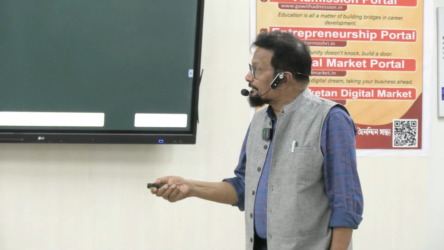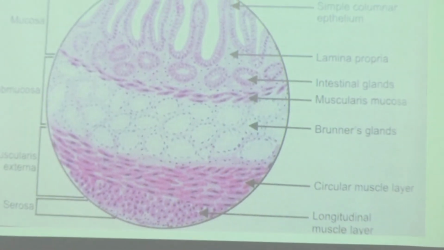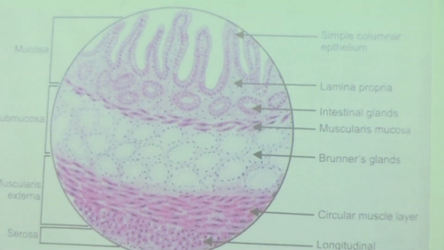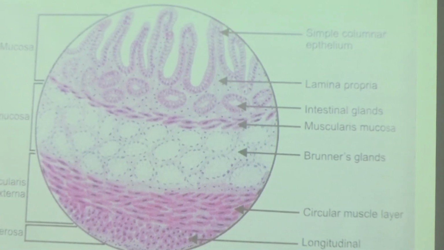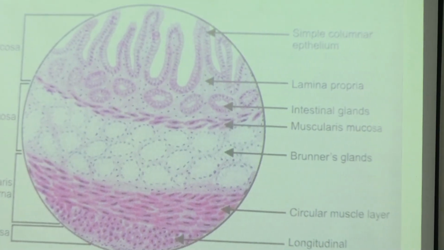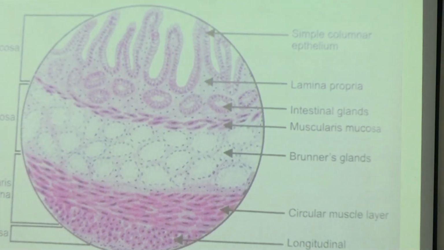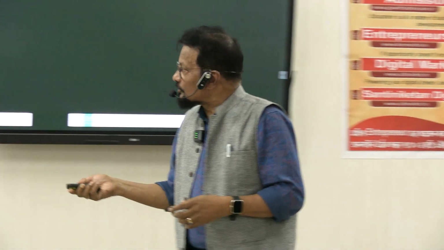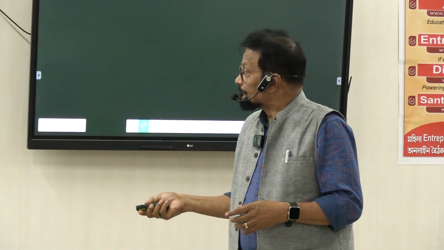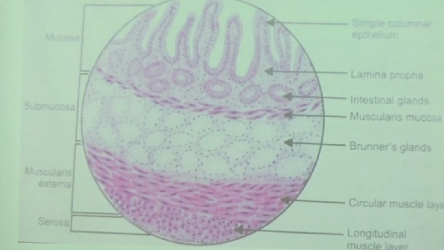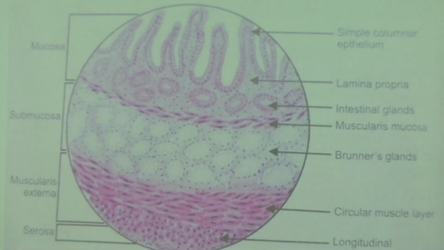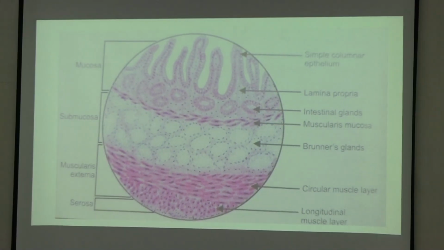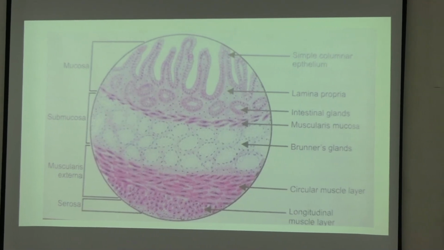See, what are these? Circular tubular structures. These are actually elongated, so when you take a section, you get a ring-like structure. These are Brunner's glands. And outside this, there is a circular muscle layer, and accessory to this, there is a longitudinal muscle layer.